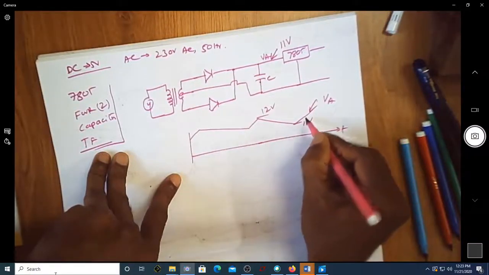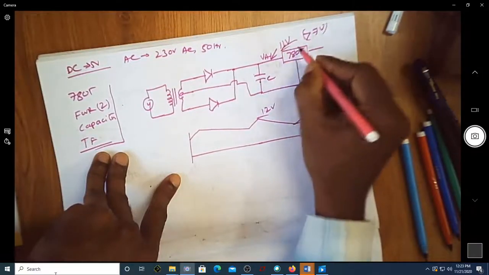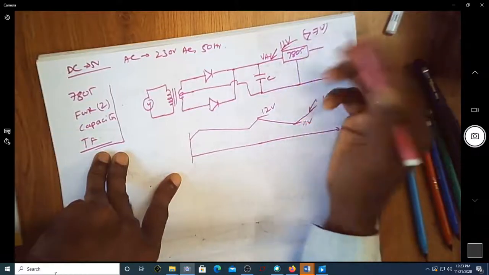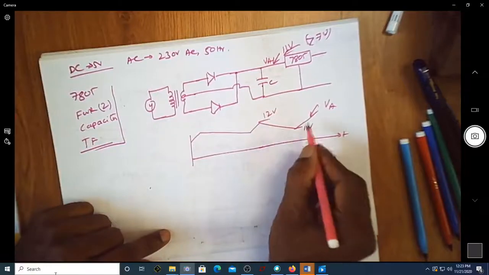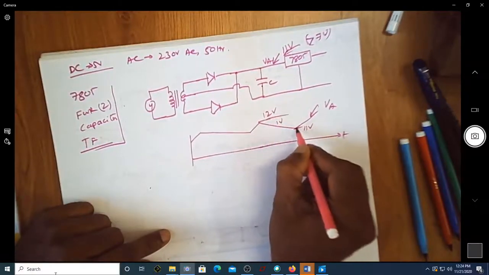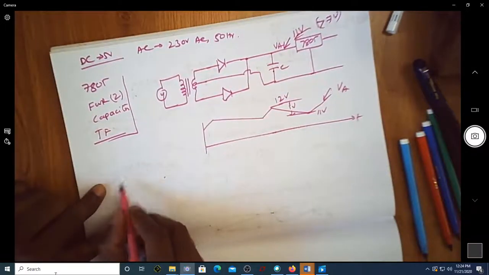You can see it's always, because I need to have this voltage always more than 7, the input voltage, which we assumed to be almost 40% more than that. It is almost 11 volt, and we are assuming a ripple voltage of 1 volt between this and this. We can actually find out the capacitor required.